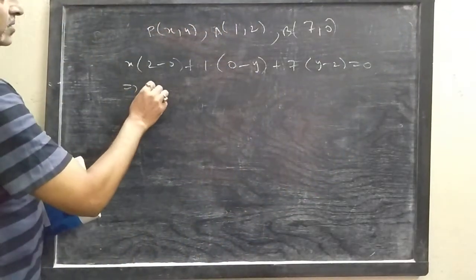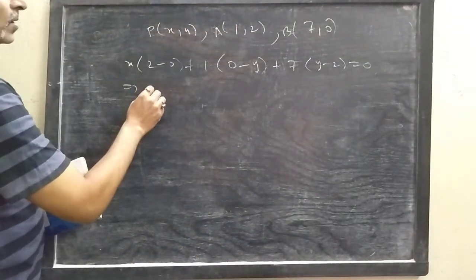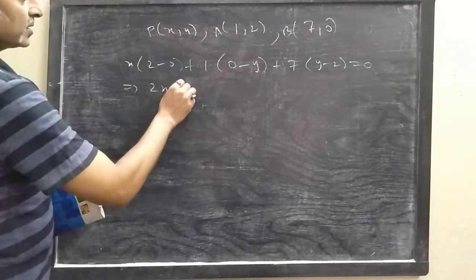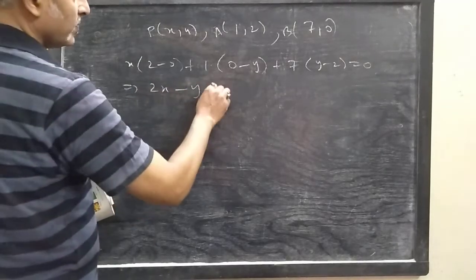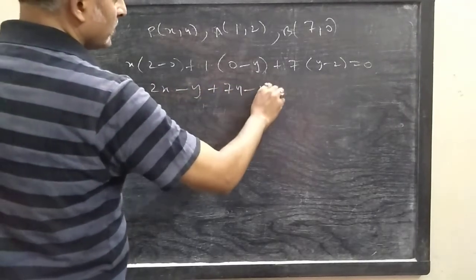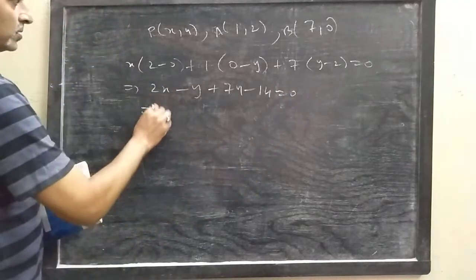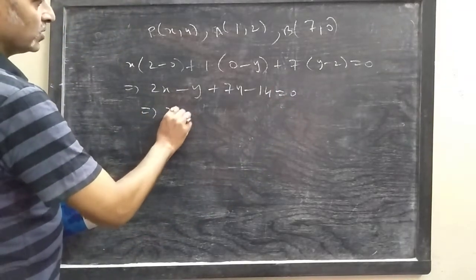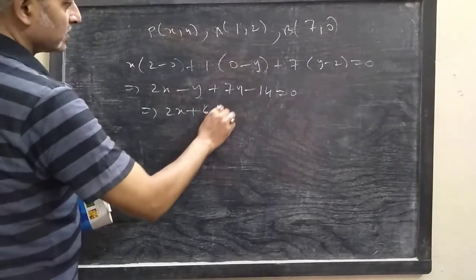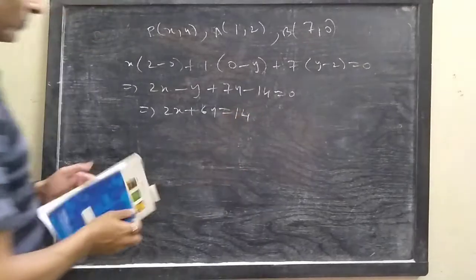Just simplify it. 2x minus y plus 7y minus 14 equals 0. So you get 2x plus 6y equals to 14.